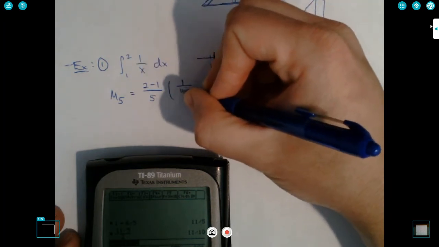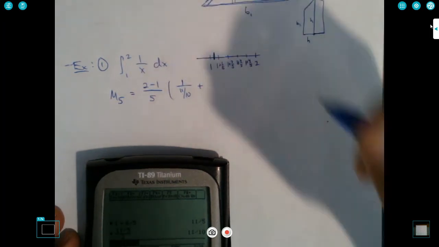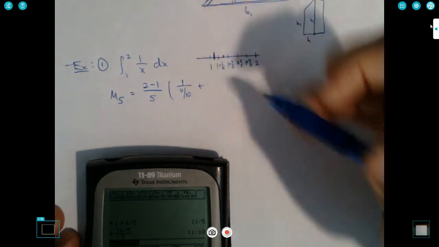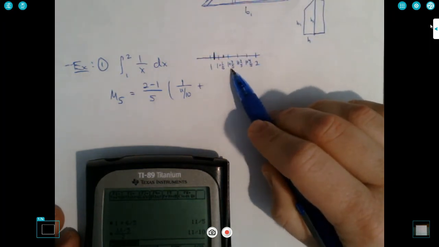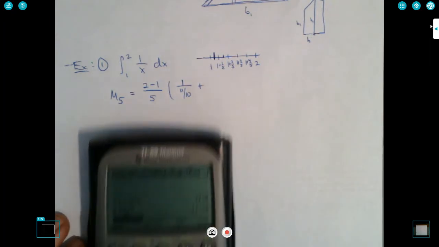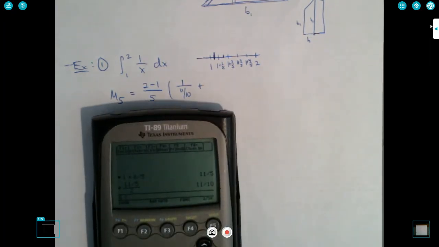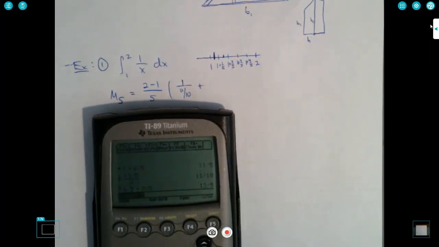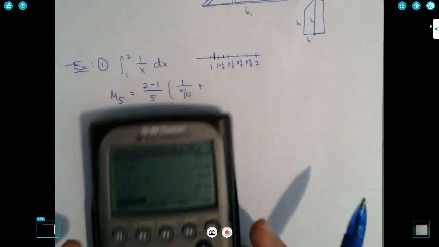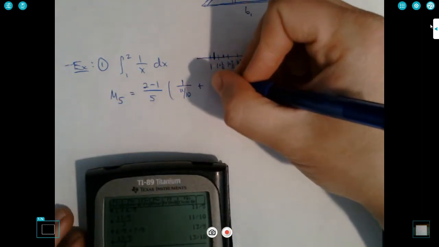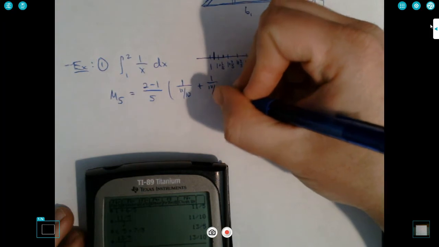So 1 over 11/10 plus, what's the next one? It's going to be right in between 6/5 and 7/5. So 6/5 and 7/5 divided by 2 is 13/10, so this is 1 over 13/10.